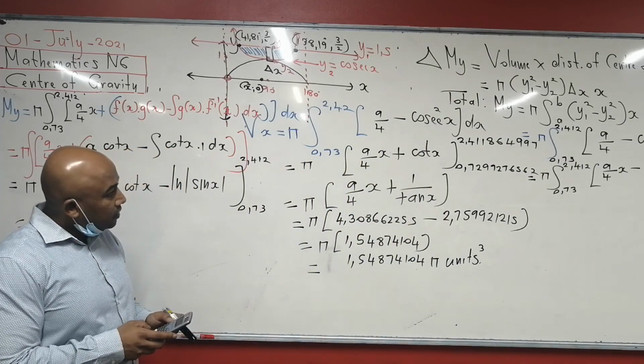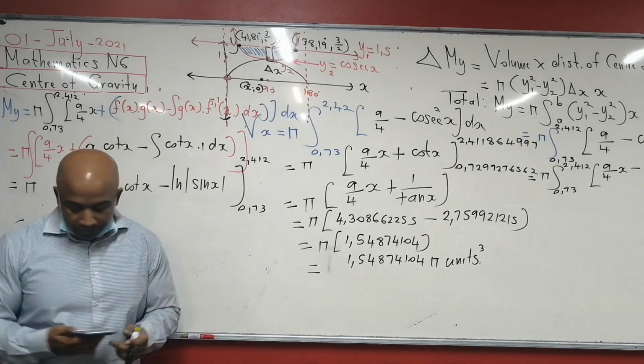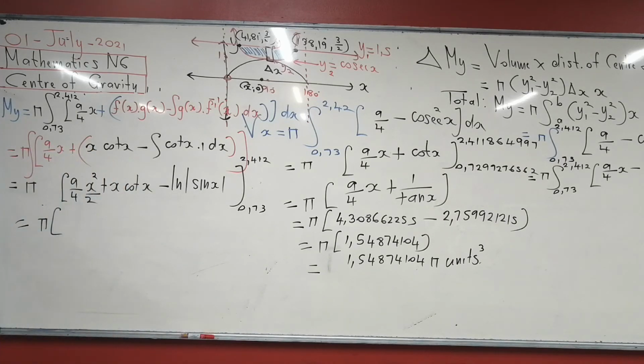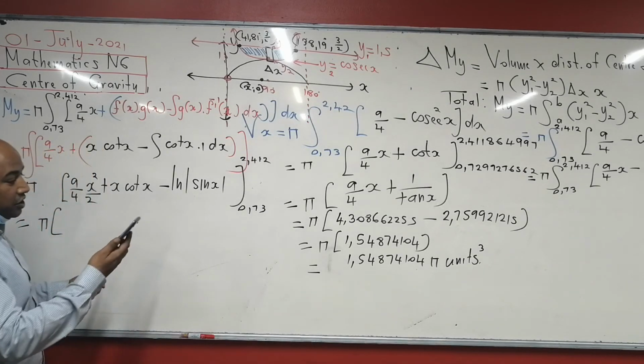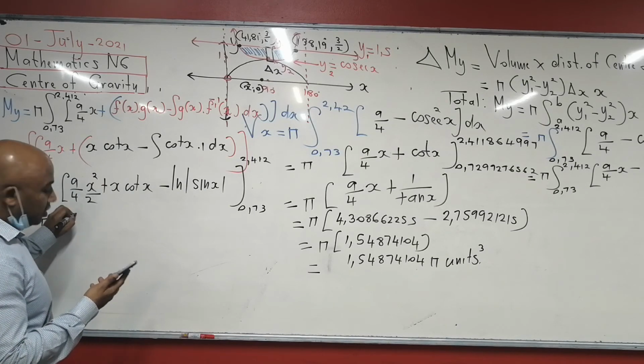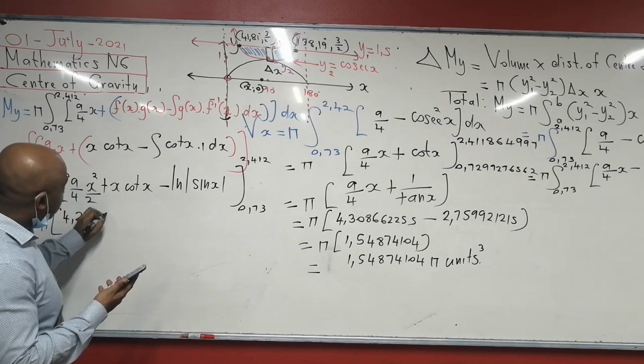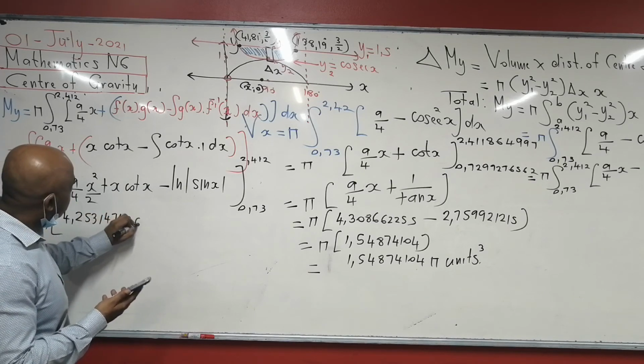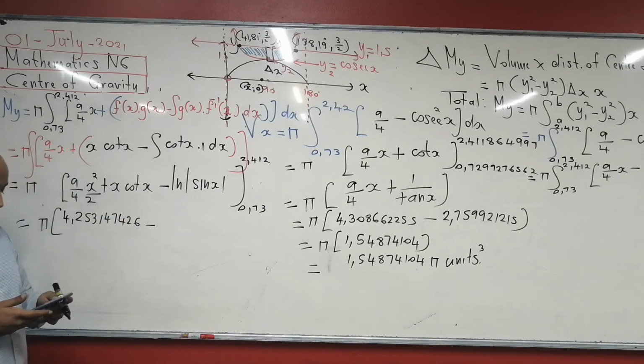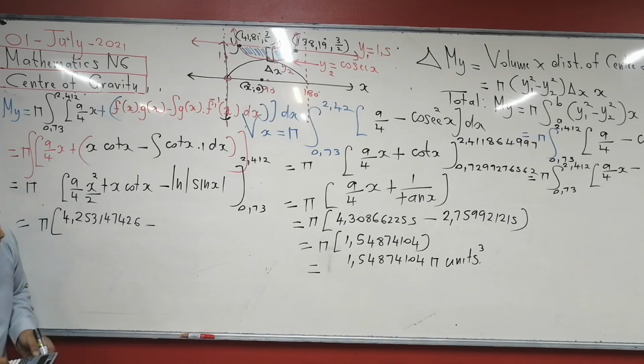Okay, you can double check me on the calculator. This is what I'm doing now. Substituting. So when I substitute the upper limit, I'm getting 4.2531474 26. Let me substitute the lower limit, 0.73, and I get 2.9727 6562.